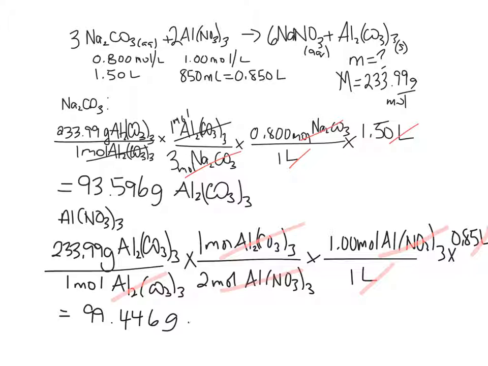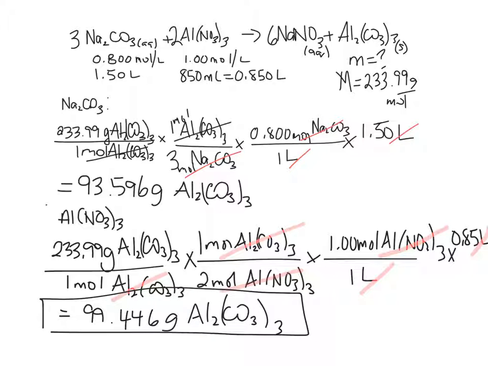So, compare these two numbers. Got almost 100 grams if all the aluminum nitrate gets used up, and you have almost 94 grams if all the sodium carbonate gets used up.